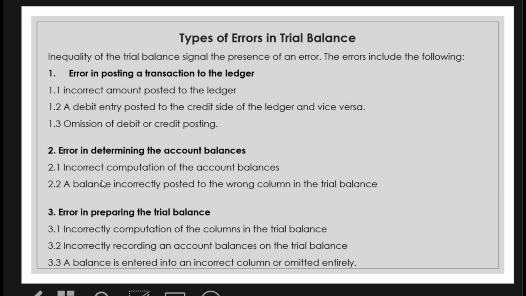So, ito, number 2.2, tama na ang pagka-compute mo ng account balance, kaso lang, nalagay mo sa maling column in the trial balance. Like, for example, yung accounts receivable mo na dapat nasa debit, nalagay mo doon sa credit side. So, again, it will cause your trial balance not to be balanced.